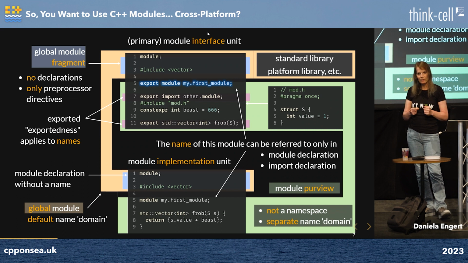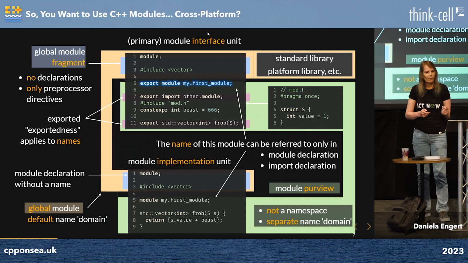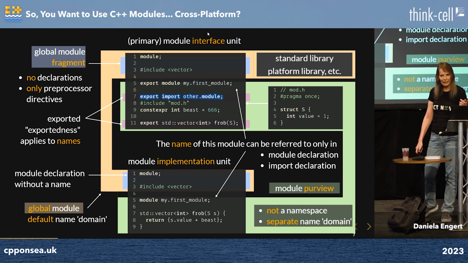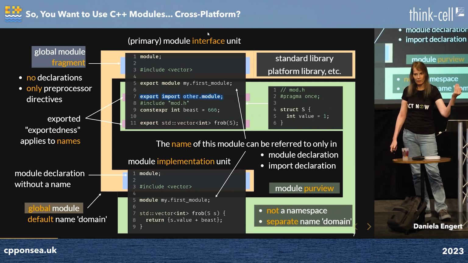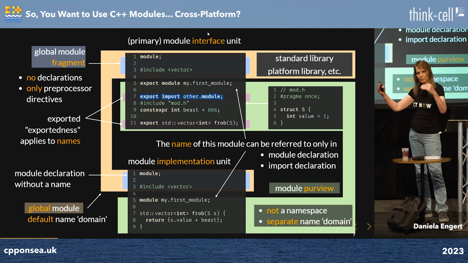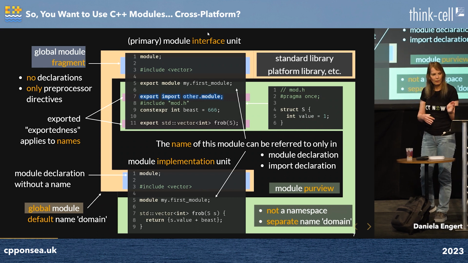It's only the interface units where you can export things from. What you can export is not only entities, but you can also import other modules into your own module. And if you export it from there, now you incorporate the whole interface of this other module into your own.